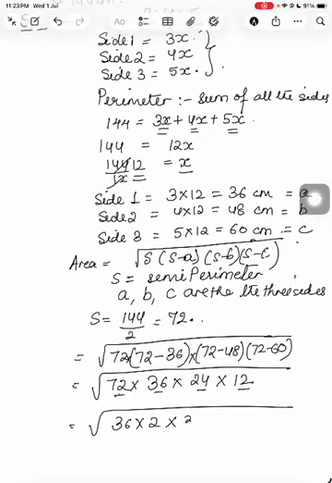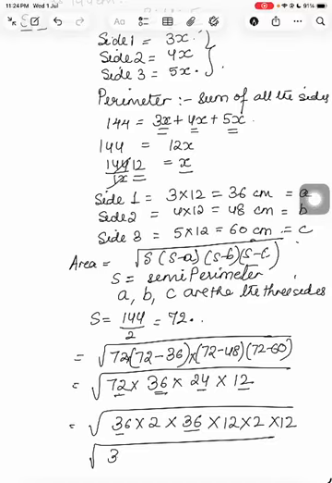And then 24 can be written as 12 into 2 and this as 12. Now we can see that under the square root we have 36 into 36. So we'll get the pairs together. 36 into 36 into 2 into 2, into 12 into 12, right?